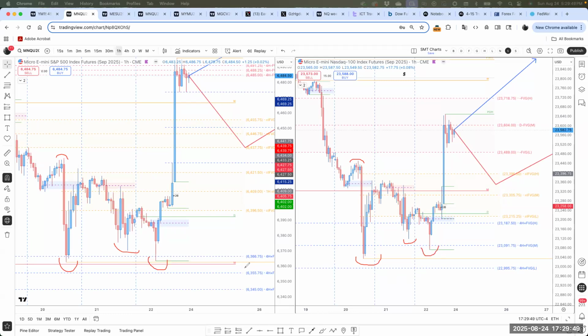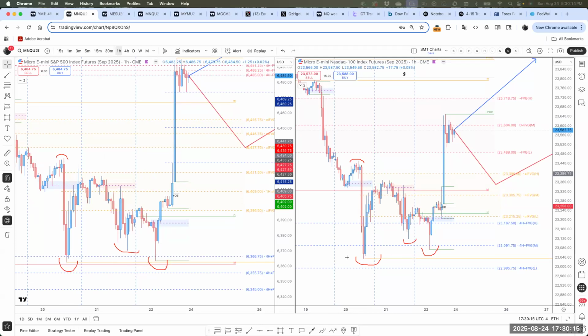What do you notice different about these lows that were made on NQ and ES? This is NQ, this is ES. Just simple. The low that NQ made was a bit more shallow than it was on ES. Let me draw that.